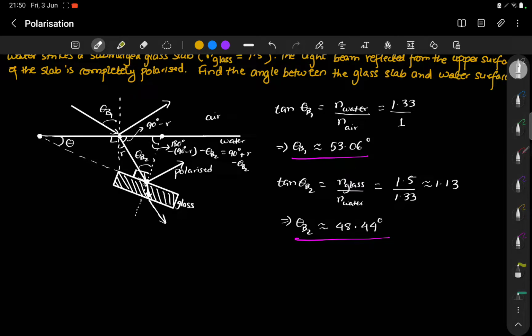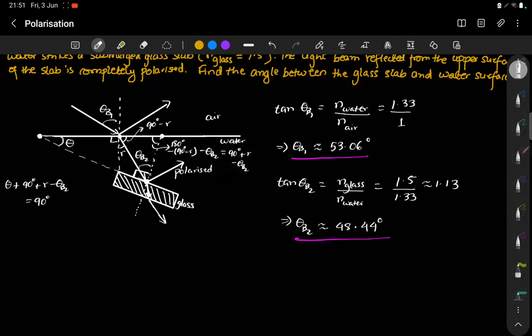So from this triangle right here, theta plus 90 degrees plus R minus theta B2 should be equal to 90 degrees, because the sum of angles in the triangle needs to be 180 degrees and this angle is already 90 degrees because it's a normal.